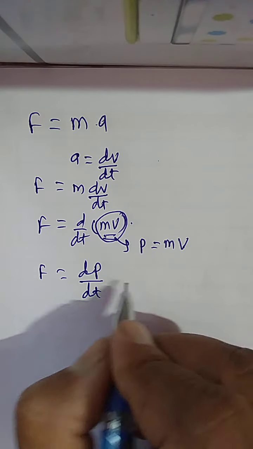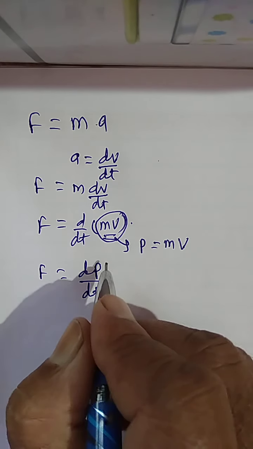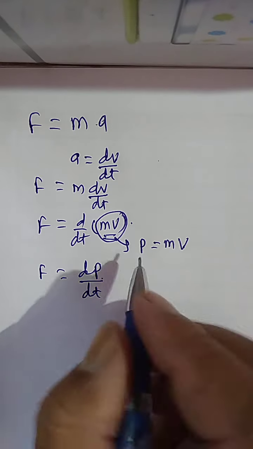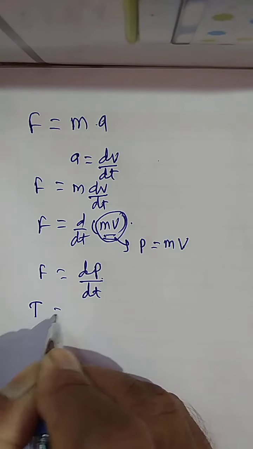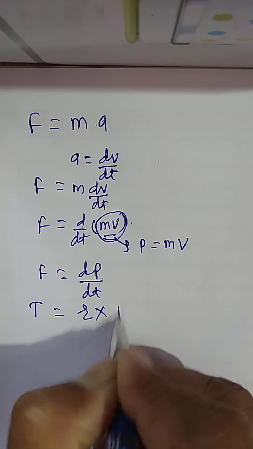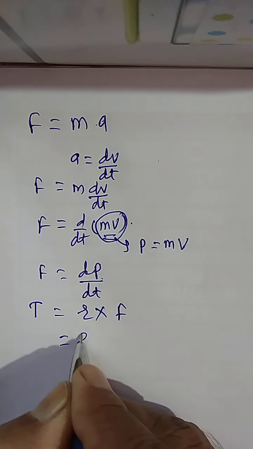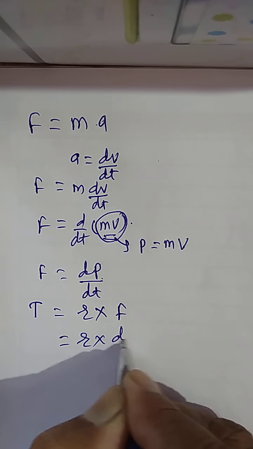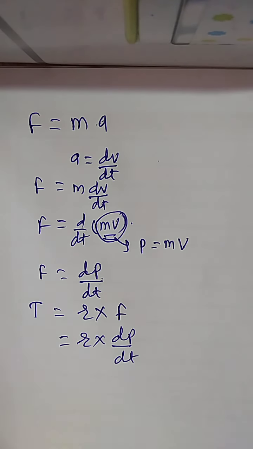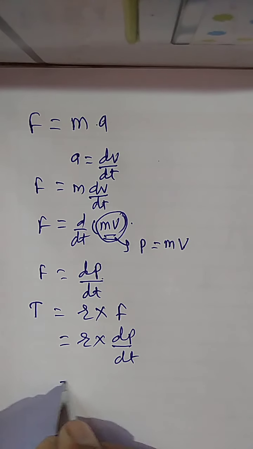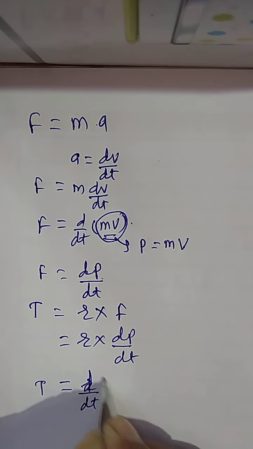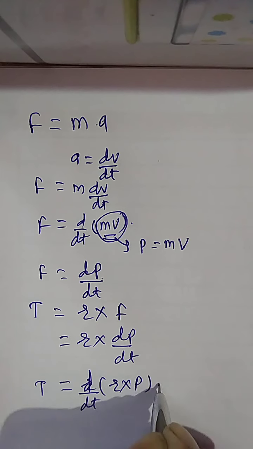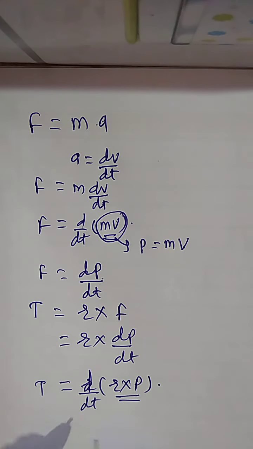Now, dp by dt is the rate of change of linear momentum. Putting this value in equation 1, we get tau equal to moment of force, that is r cross F, equal to r cross dp by dt. Rearranging this term, it is d by dt of r cross p.